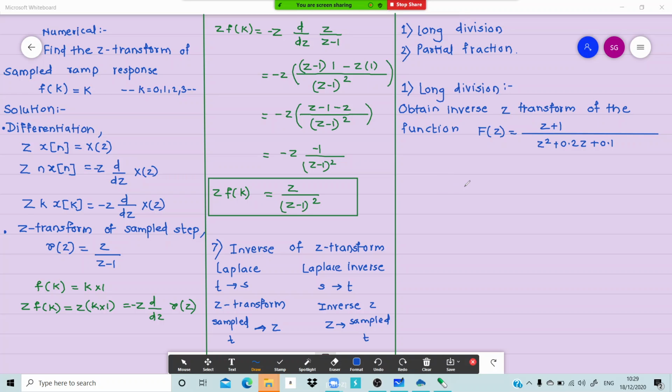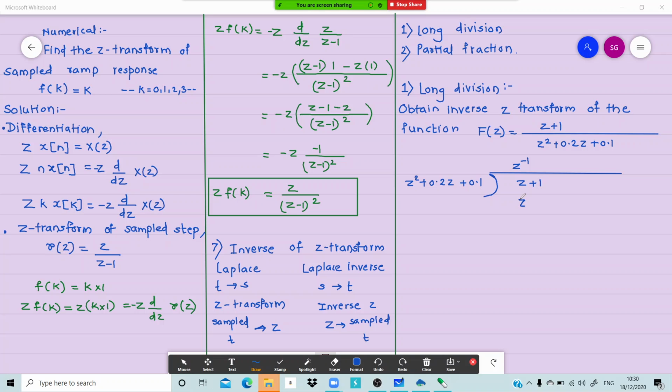So we'll go by long division to solve this. Long division means whatever you have learned in your third, fourth standard, right? For doing the division, same thing we are doing. So z square plus 0.2z plus 0.1 and z plus 1. You want to divide this by this, okay? Now this is z square, and you are not having z square in the numerator, so you will multiply by z raised to minus 1, so you are going to have z raised to minus 1.